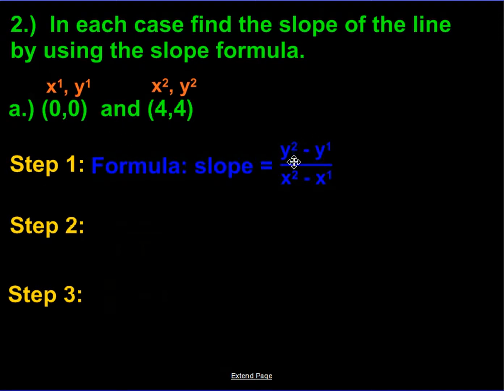If we plug these numbers into our formula, we get y2, which is 4, minus y1, which is 0, over x2, which is 4, minus x1, which is 0. So if we do 4 minus 0 over 4 minus 0, that's going to give us 4 over 4, which works out to be 1.